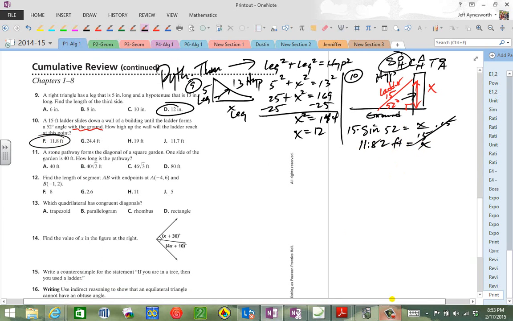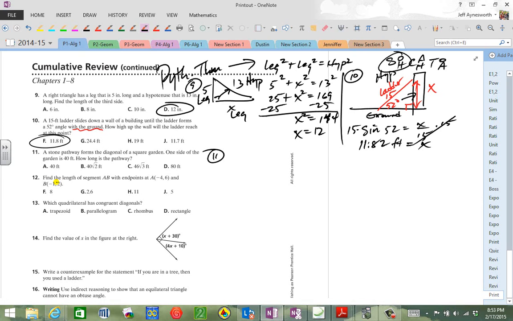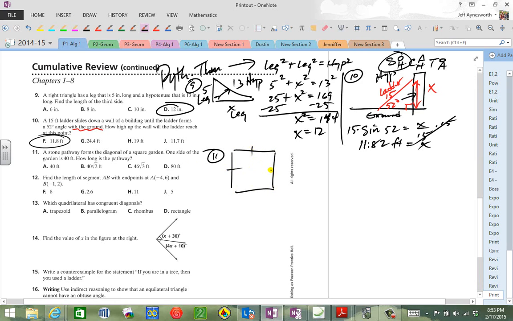Okay, number 11. A square pathway forms a diagonal of a square garden. One side of the garden is 40 feet. All right, so you've got a square garden, all sides the same, right? Here's the diagonal. There's a right angle.